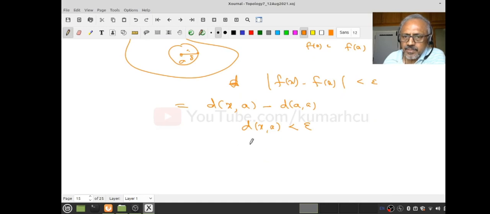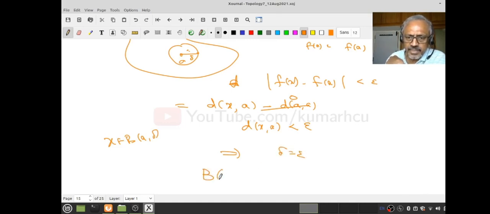Are you following? This is 0. Therefore, mod f(x) must be less than epsilon. But f(x) is already non-negative, that is d(x,a). So the condition is, if x belongs to B(a, delta), I want mod f(x) minus f(a) to be less than epsilon. That is the same as saying the distance between x and a should be less than epsilon. So what is your choice? Take delta equal to epsilon.